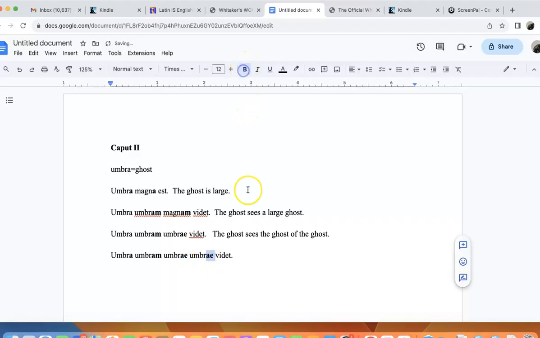And so you can see this one, we have to really think about what this might mean. Once again, somewhat of a nonsense, but the ghost sees, so that's umbra videt. The ghost sees the. Now here I'm probably going to use the apostrophe just because otherwise it was more absurd. So the ghost's ghosts.